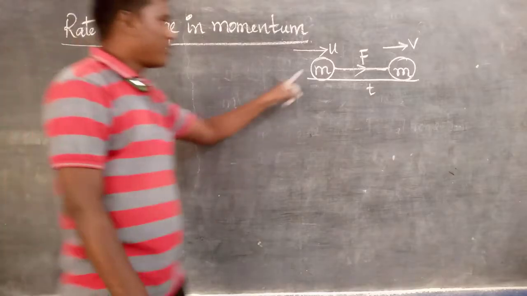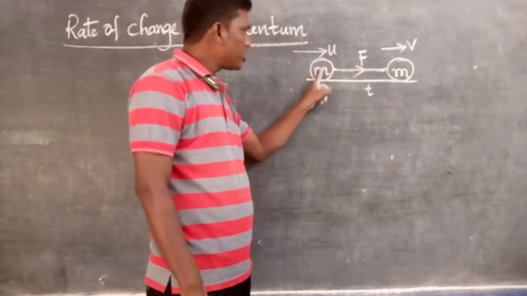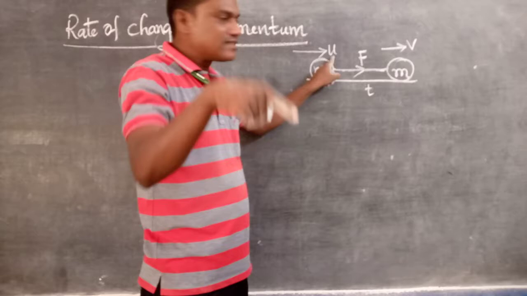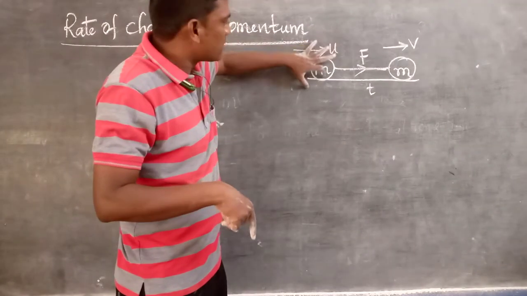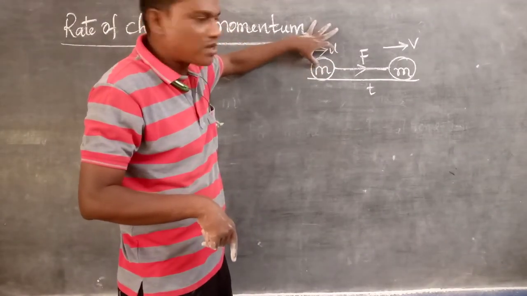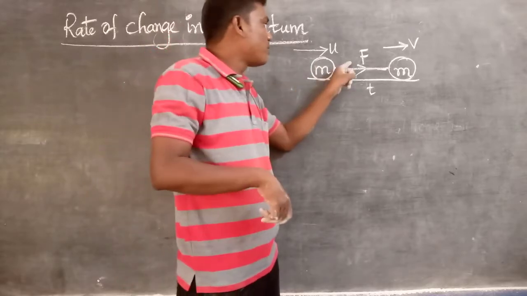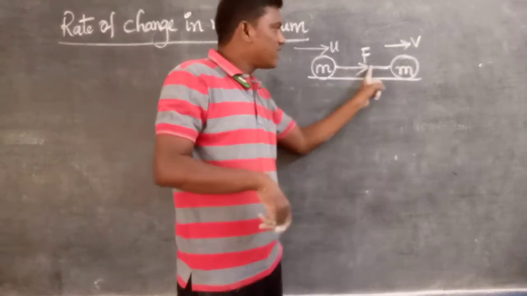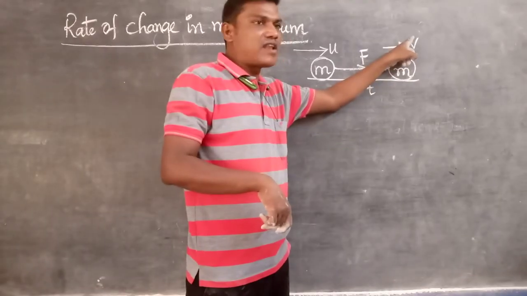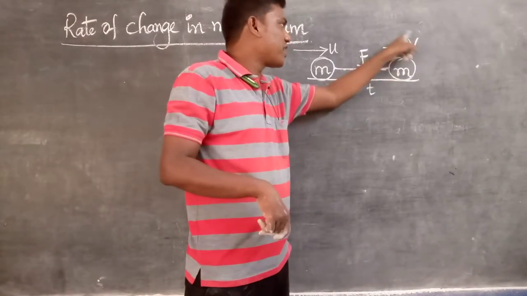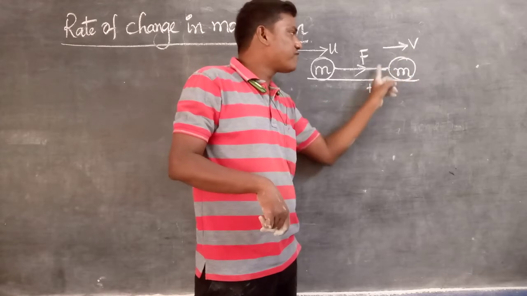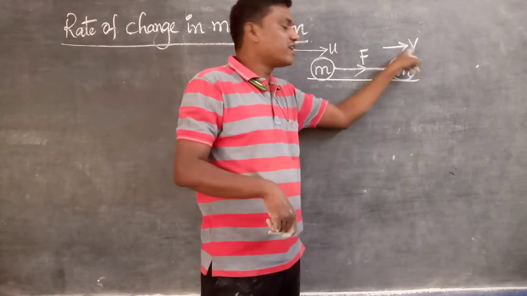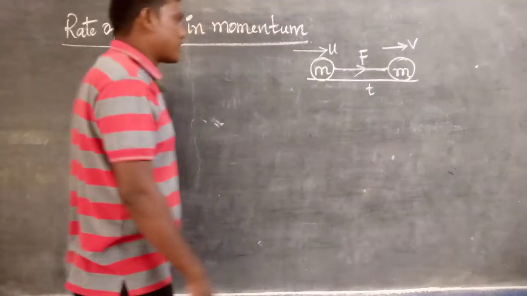So listen, a body of mass m initially moves with velocity u. That's why it has some momentum. That momentum is called initial momentum, mu. Now if an external force is applied for time t, then the body moves with another velocity, v. That's why the momentum of the body after applying the force is mv. This is called final momentum.